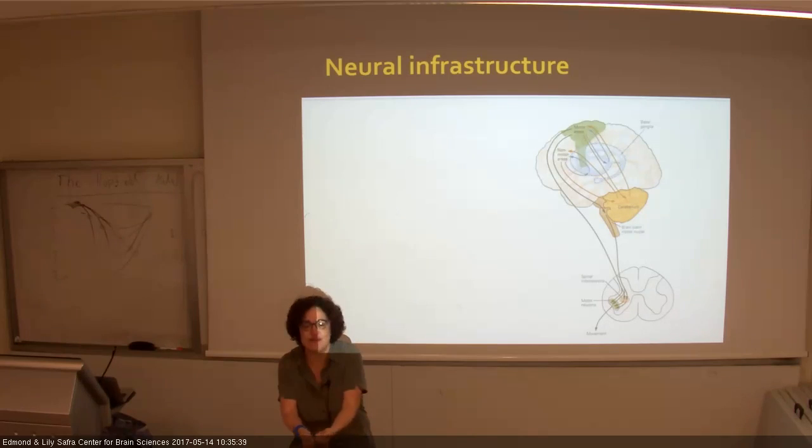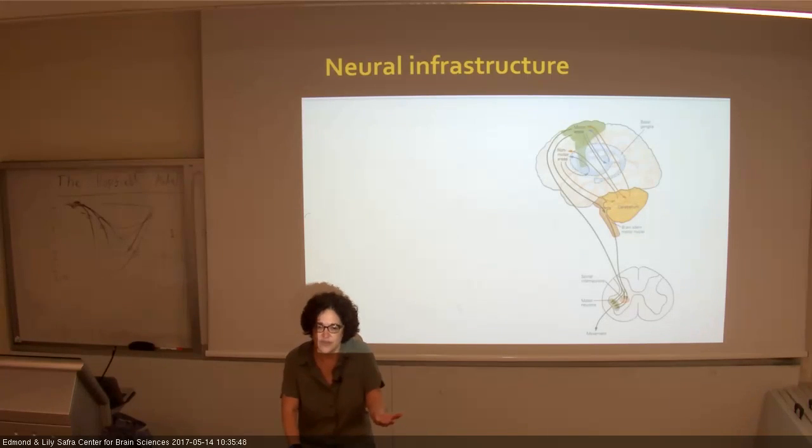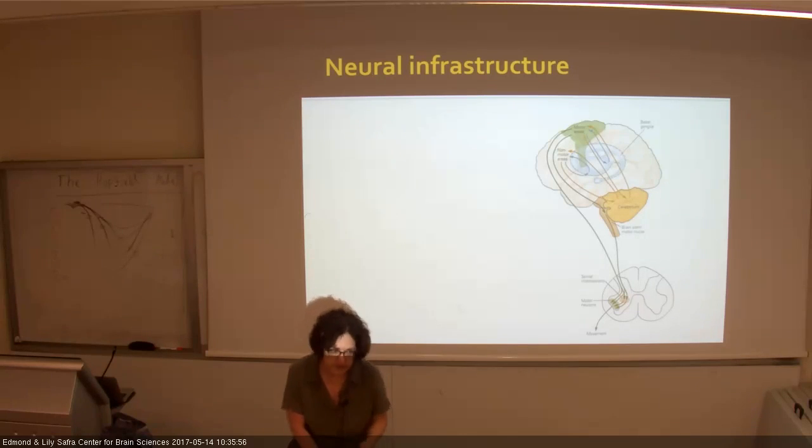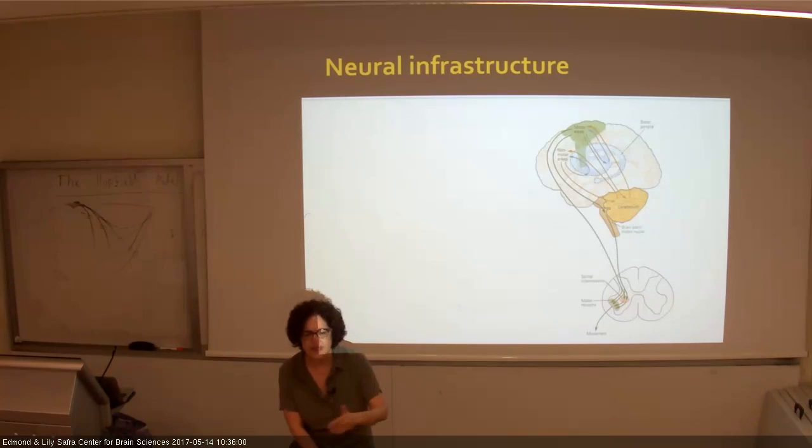That's how I started this talk. Everything is motor. What is non-motor? These rituals, you're right, the rituals are very motor. And for another example, depression. People think about depression as related to basal ganglia dysfunction.